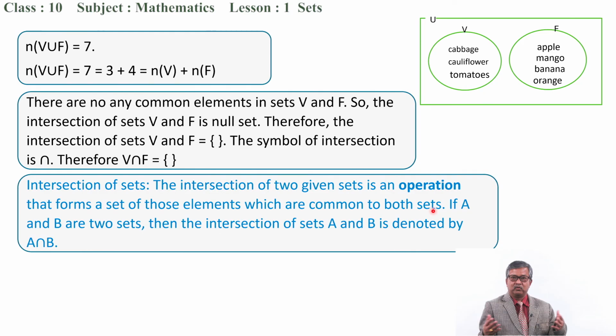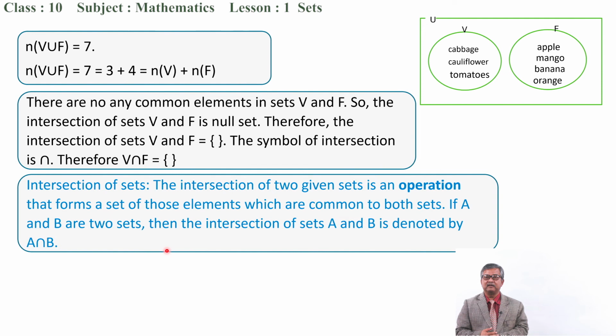If there is no common element, then the intersection of the two sets is the empty set. So we have shown before, B intersection F is equal to the empty set. So if A and B are two sets, then the intersection of sets A and B is denoted by A intersection B, or we can read it as A cap B.